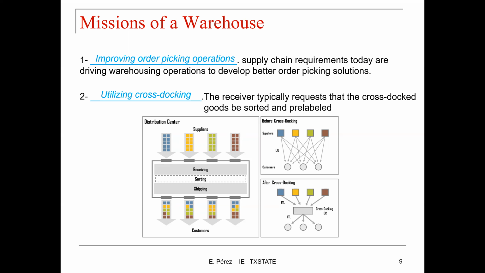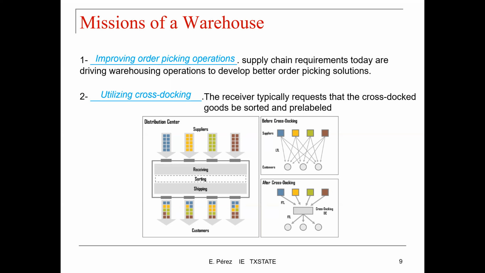Let's say you order 2 items as a customer, but those 2 items are not located in the same warehouse. So instead of shipping that item from warehouse to warehouse, what usually happens is that there's a cross-docking structure in which the shipments can go to the cross-dock, and then they can be put together in the same order and then shipped to the final destination, which is the customer.